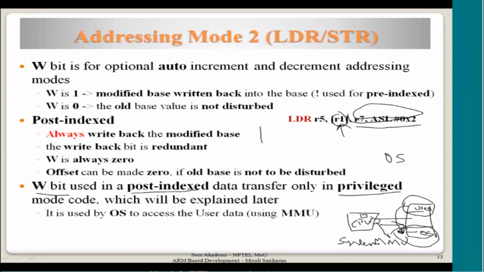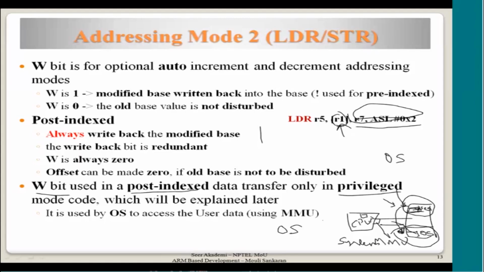Now, there are occasions where the OS needs to access the user space. Why? Suppose paging is involved, and one page of the user space is not present. With demand paging, it is in the hard disk and it has to be copied into the user's memory space.